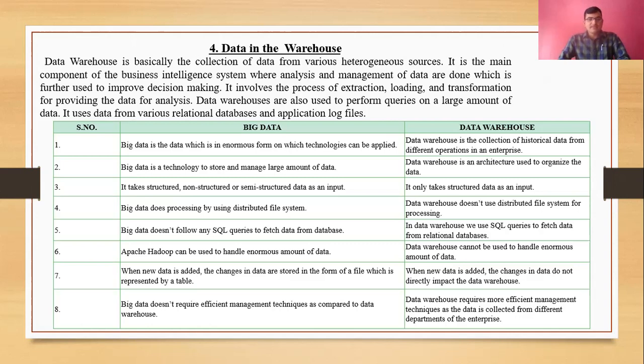Big data does not require efficient management techniques as compared to a data warehouse. But a data warehouse requires more efficient management techniques, as the data is collected from different departments of the enterprise. So these are the main differences between big data and a data warehouse.